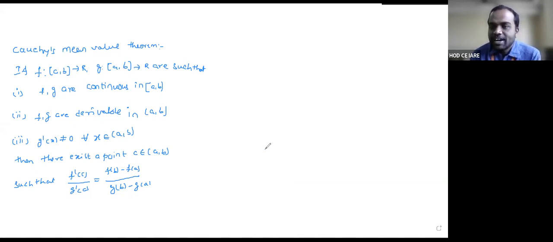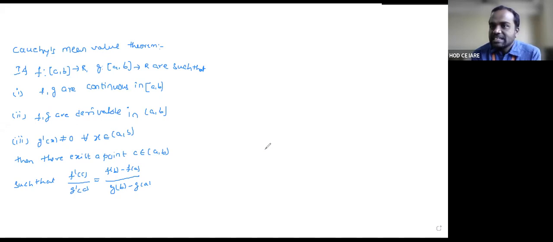Then you go and find at least one point in the open interval of a comma b. That means f dash of c by g dash of c is equal to f of b minus f of a by g of b minus g of a.